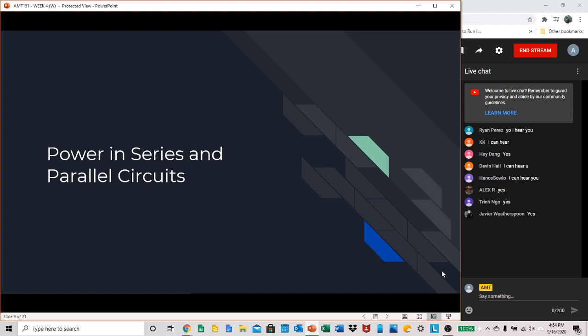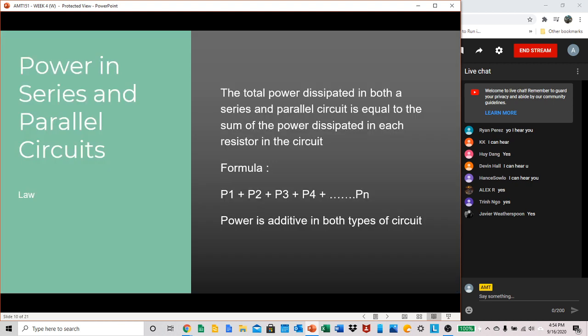Okay, so let's talk about power in series and parallel circuits. Remember, power being watts. The law is that the total power dissipated in both a series and parallel circuit is equal to the sum of the power dissipated in each resistor in the circuit.